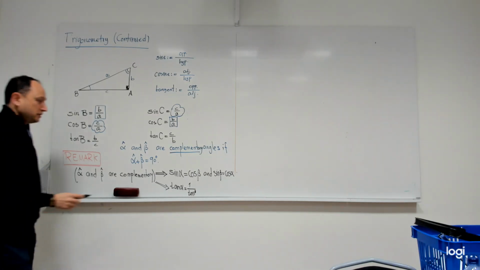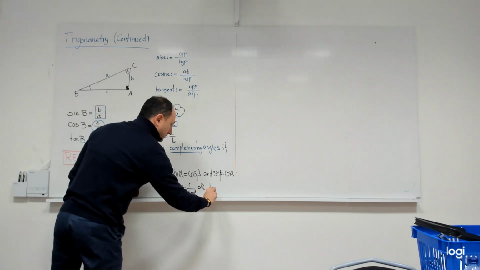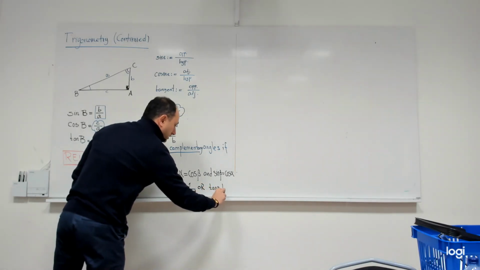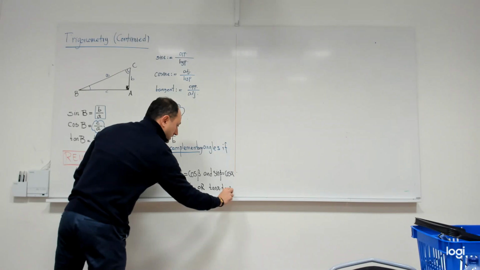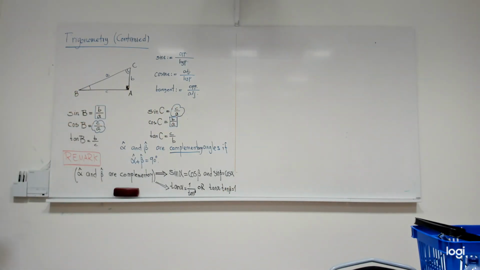But I myself prefer to write it this way: tangent of alpha multiplied by tangent of beta is equal to 1. Of course, I am reviewing everything, but I don't want to go into much detail about what we did last time.